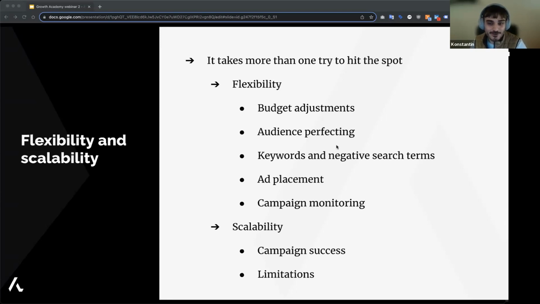But then there are also limitations. You start getting leads, your campaign is great, but what I mean by limitation is that just by doubling the budget on the campaign doesn't necessarily mean that you would double the leads you're getting.